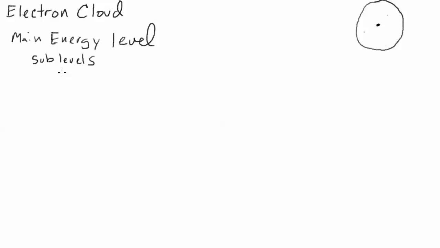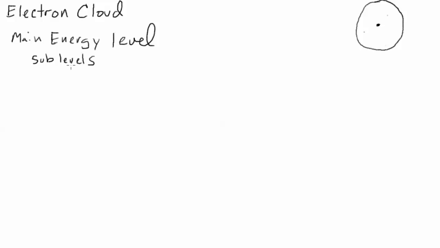The sublevel is basically like a three-dimensional shape where the electron probably is, and we're going to get into that a little bit more later. So you've got the main energy level, which is approximately how much energy the electrons have in these orbitals. The sublevel is basically the shape that an orbital can be at that main energy level.